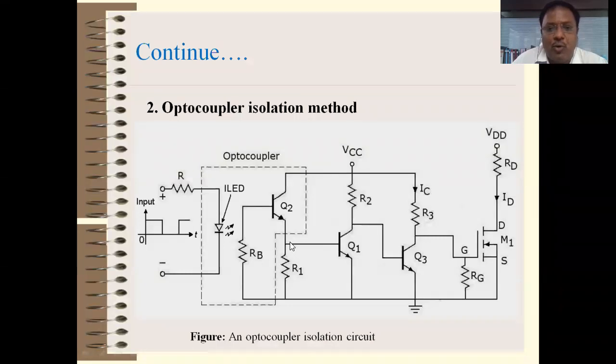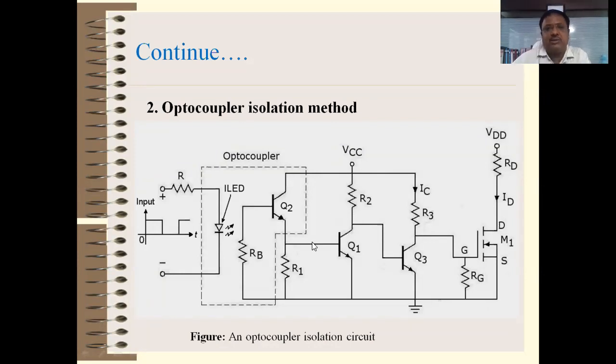This current will trigger or turn on the transistor Q2. If transistor Q1 turns on, then current flows through transistor Q1. At that time the voltage at this transistor's collector is 0, so transistor Q3 turns off, and only then is the triggering pulse applied to the MOSFET M1.